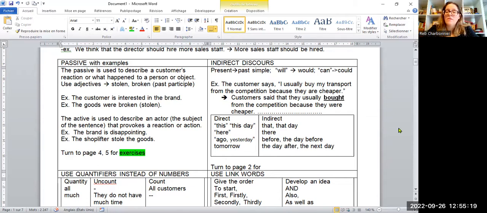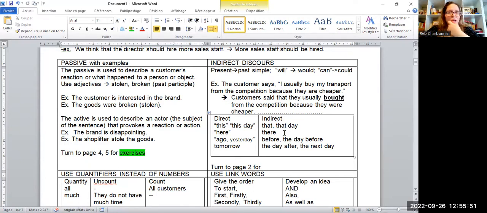Okay. So another thing that we can highlight here is that in indirect discourse, you also have to change the time markers from direct speech to indirect speech. So if somebody says this day or today, it's going to become that day in the reported speech. If they say come here, then they said they came there.